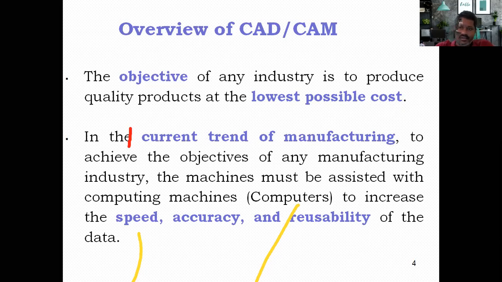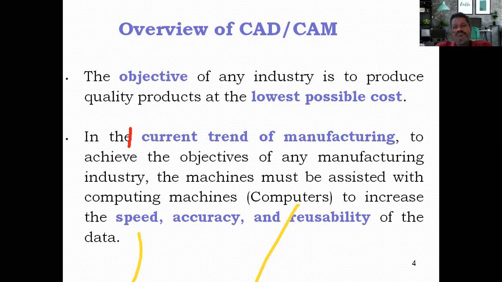Their focus will be only two parameters: one is quality and the other is cost, because in turn quality and cost are related. If you want to increase the quality, the cost automatically increases.